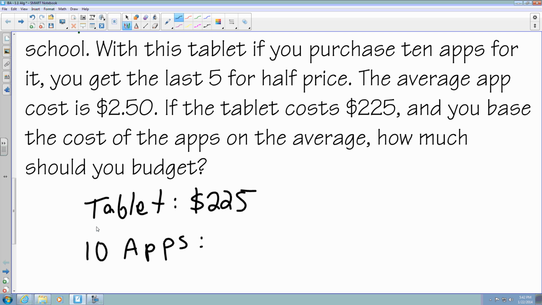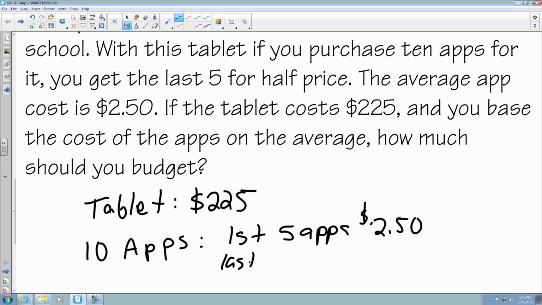So the first 5 apps are going to cost $2.50 each. The last 5 apps are half price, and so 2.50 divided by 2 is $1.25 each.